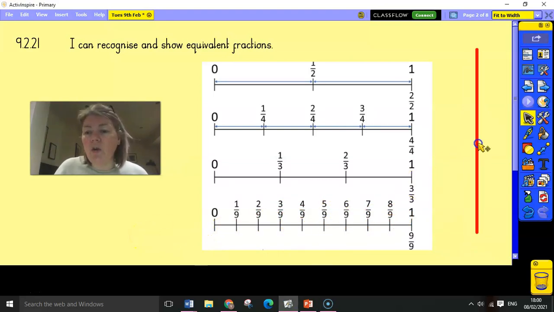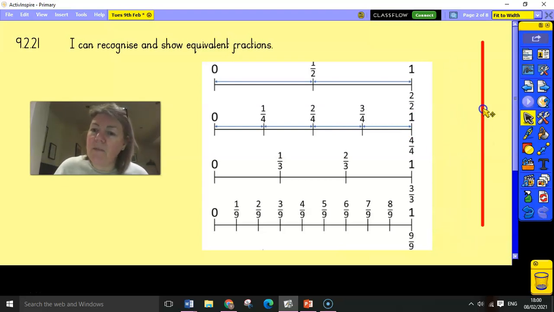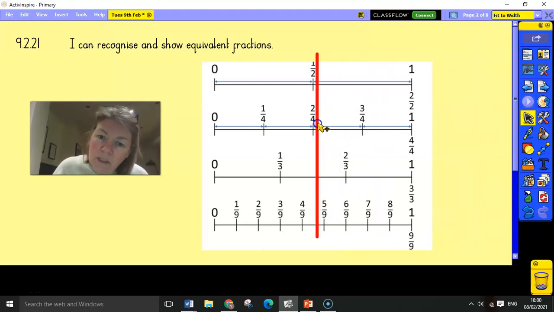So we can use this image. Yesterday you were using a fraction wall, but we could also use this number line to show equivalent fractions. So if I take my ruler again and I was to pop it on the half, very similar to our fraction wall, I can see that a half is equivalent to 2 quarters.